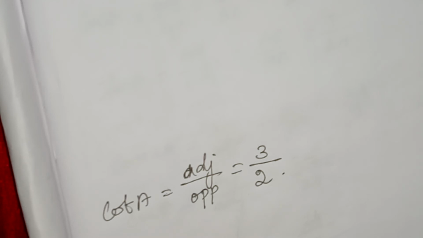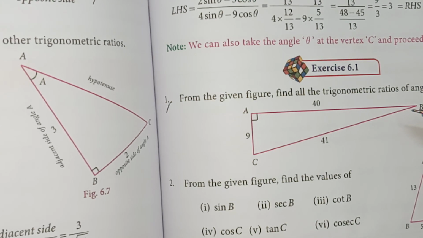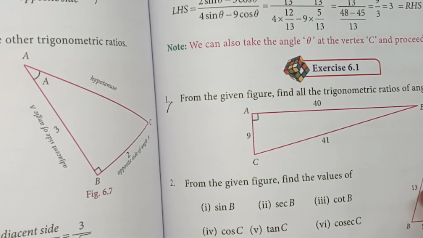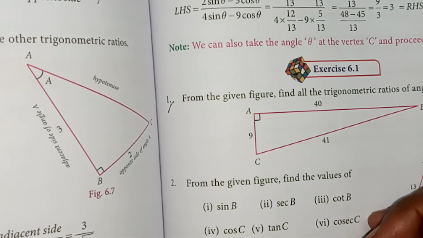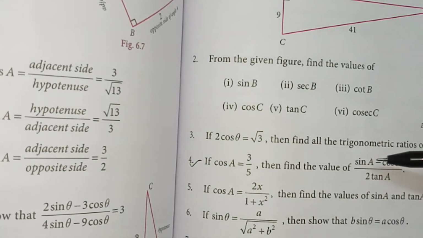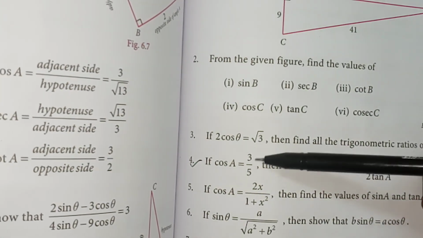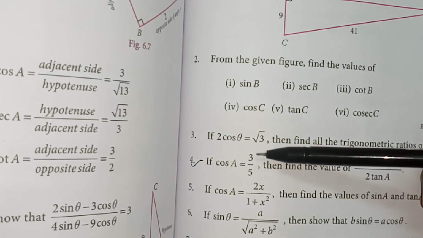Can you understand that? Students, you have to practice in exercise 6.1, the first problem and the fourth problem. In the fourth problem cos A is given, which is adjacent side by hypotenuse.